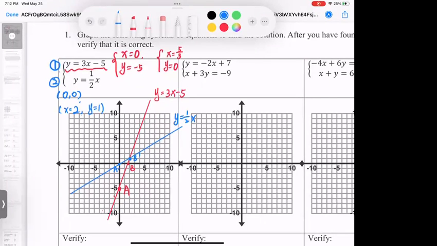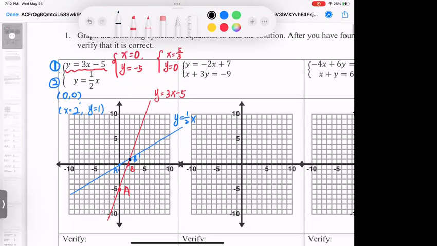You cannot give an accurate number, but let's see. From the intersection point, I think the solution for this system is x = 2, y = 1. Is that right? From the graph it is.